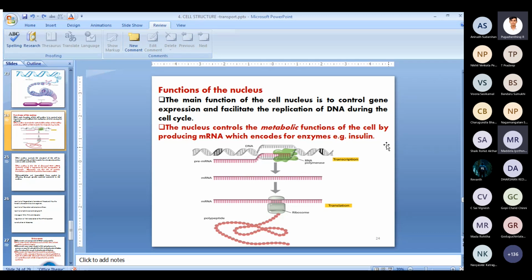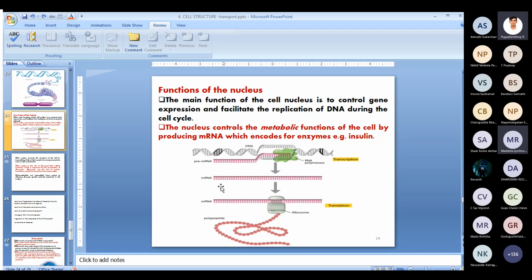When RNA polymerase gets attached, the strands split into two, and exactly complementary bases to whatever is in the DNA form what? Pre-mRNA. From this pre-mRNA, only the functional part is taken, and finally that constitutes your mRNA.